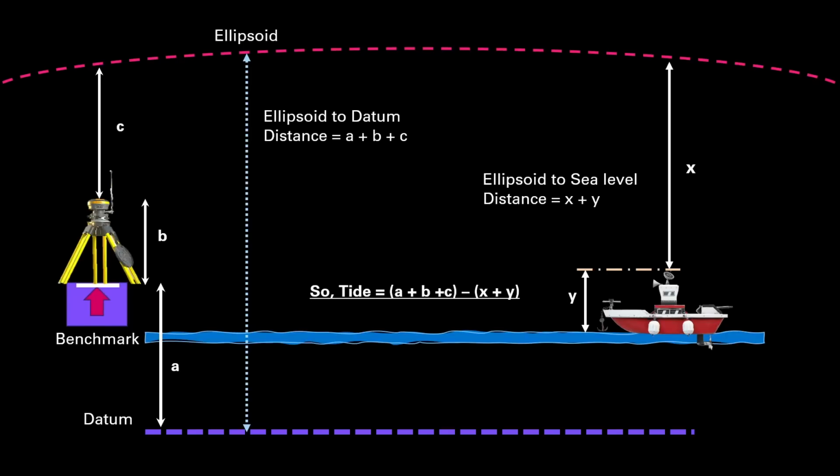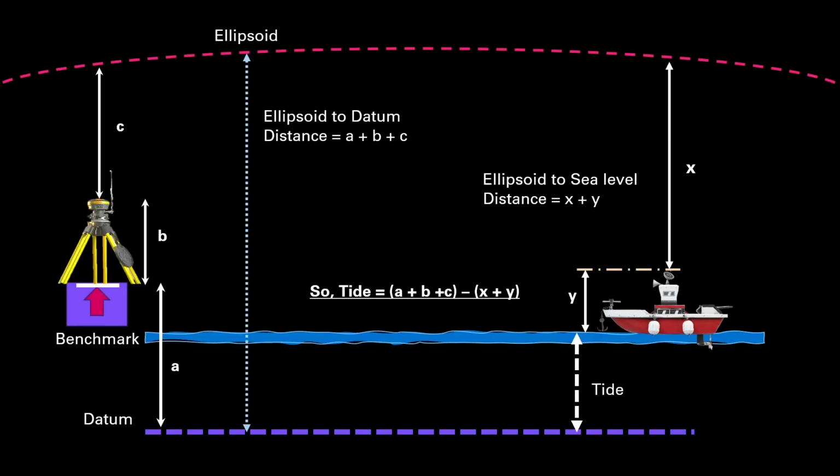So the tide will be A plus B plus C, that is the ellipsoid to datum distance, minus x plus y, the ellipsoid to sea level distance, and that is the tide. We already know that tide is always above the datum except mean sea level. So tide is above the datum and depth is below the datum. This is the simplest concept of your real-time tide.